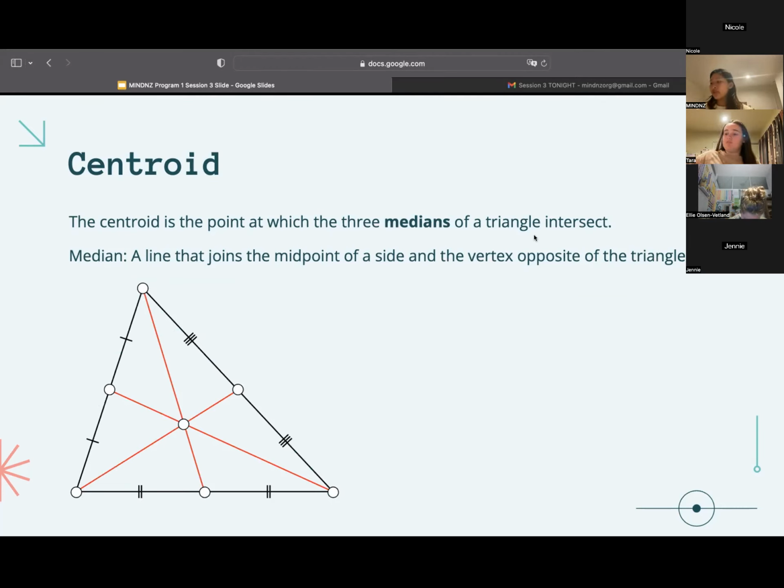But it's where the three medians of a triangle intersect. A median is a line that joins the midpoint of a side and the opposite vertex of the triangle. So compared to the circumcenter, instead of constructing the perpendicular, we connect the midpoint to the opposite vertex.